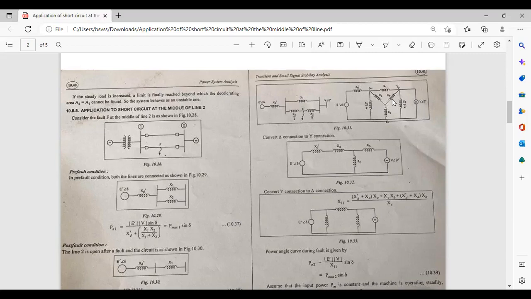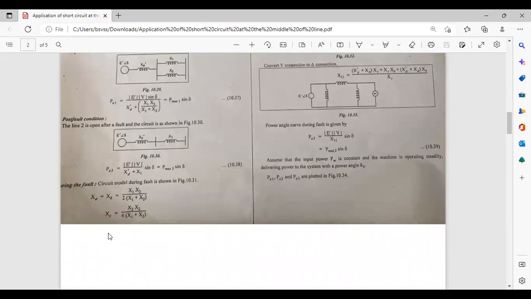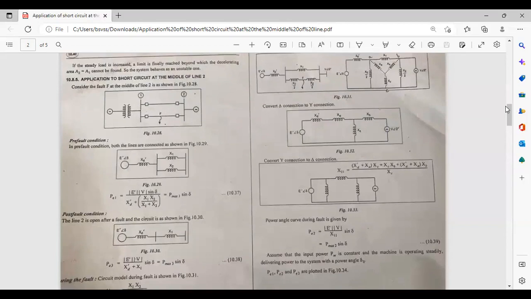Since it is in delta connection, we have to convert this delta into star. So you have to apply the formula to calculate the equivalent values XA and XB. To find the value of XA and XB, all of you know the star delta conversion. To find XA, you take the two adjacent reactances, X1 and X2 by 2, that is X1 into X2 by 2, divided by all three reactances: X1 plus X2 by 2 plus X2 by 2.